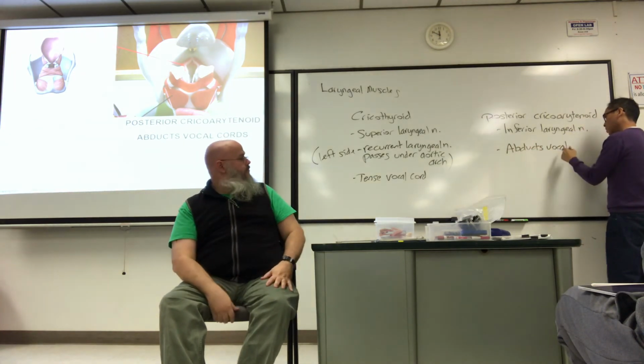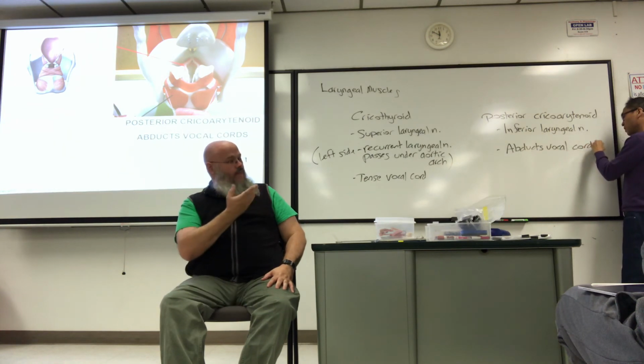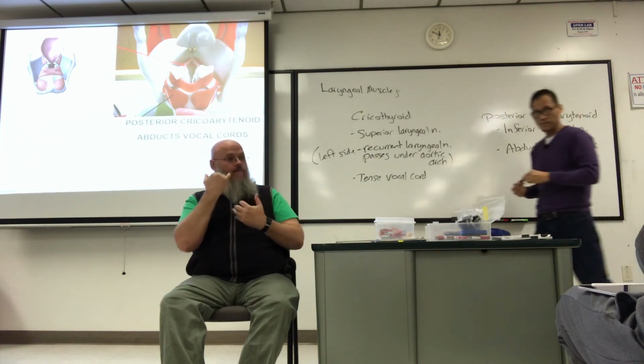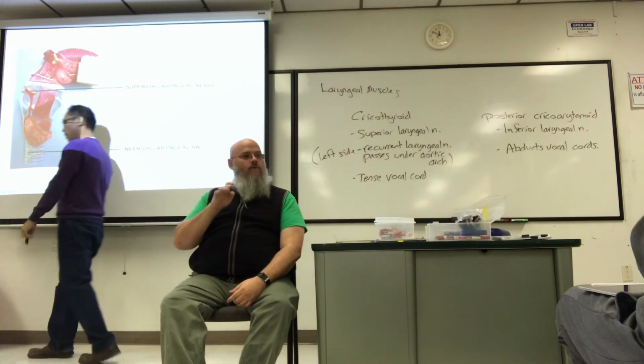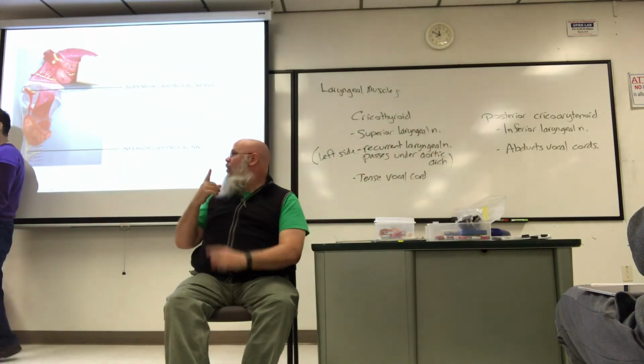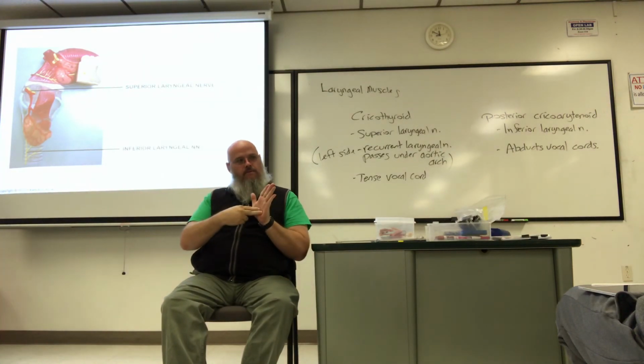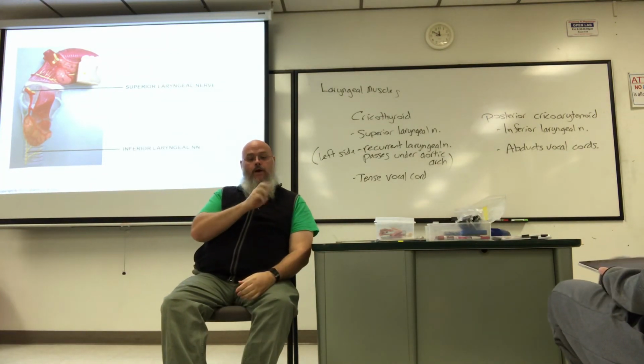To my knowledge, it's the only one that does that. That's a pretty important muscle because you'll have trouble breathing if you can't abduct the vocal cords. There's a picture of the model with both of those nerves labeled, superior and inferior laryngeal nerves.